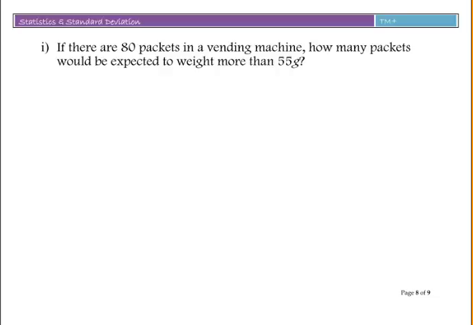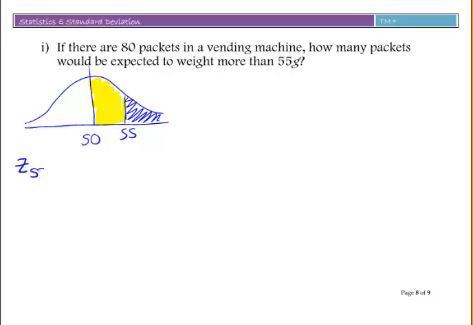Last example. If there are 80 packets in a vending machine, how many packets would be expected to weigh more than 55 grams? Go to our curve. This is 50, 55. So the area we're looking at is this here. What I'm going to do is find this area here and then subtract it from 0.5.